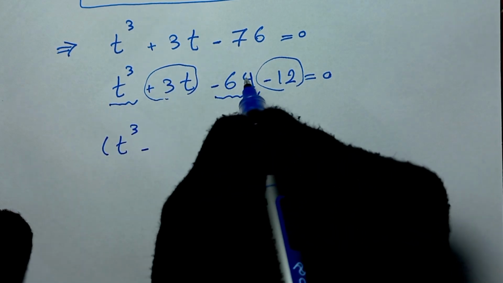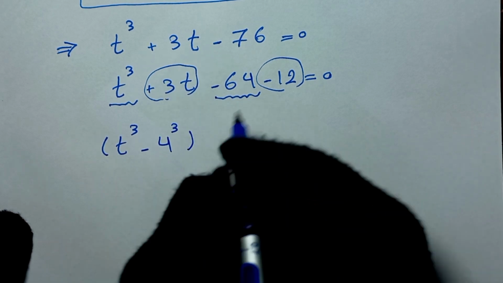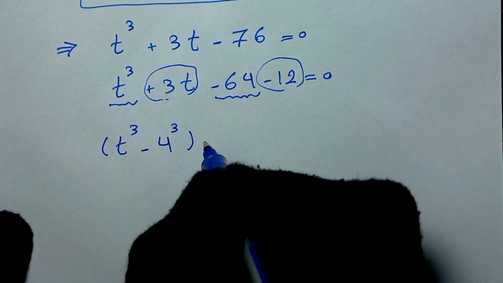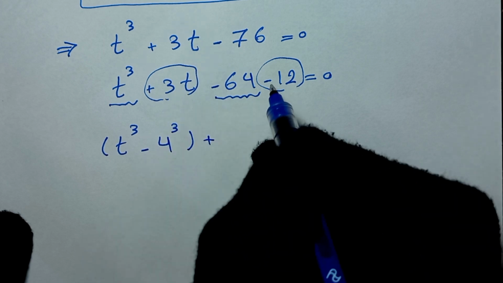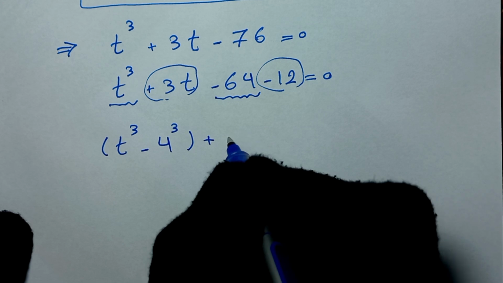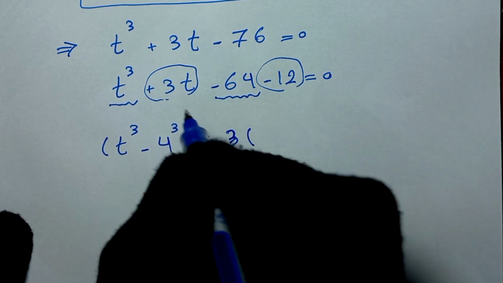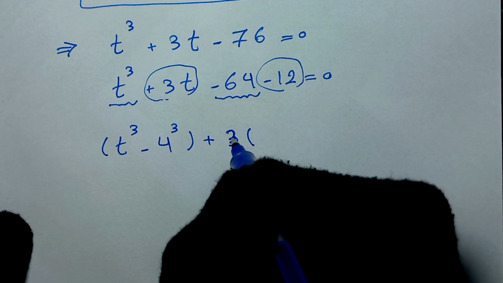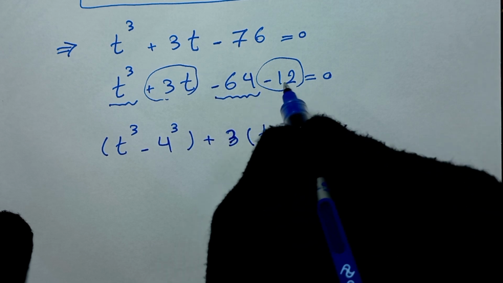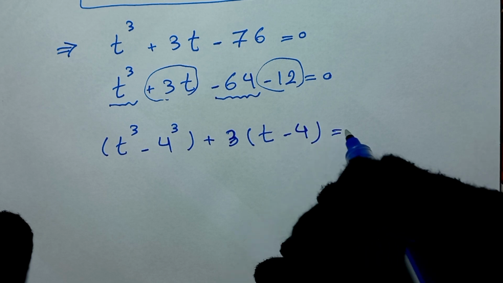Minus 64, we can write this as 4 to the power of 3, and plus 3t minus 12. And here we factor 3 from these two parts, and it will be 3t divided by 3, it will be t, and negative 12 divided by 3 will be negative 4, is equal to 0.